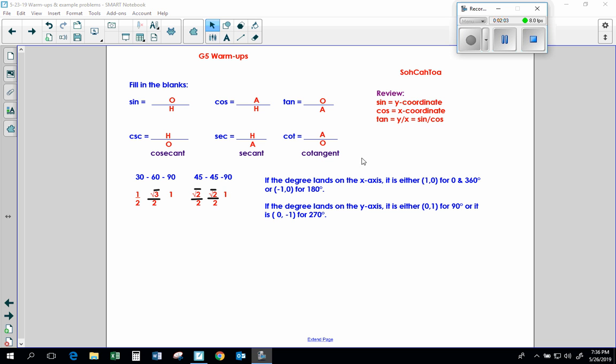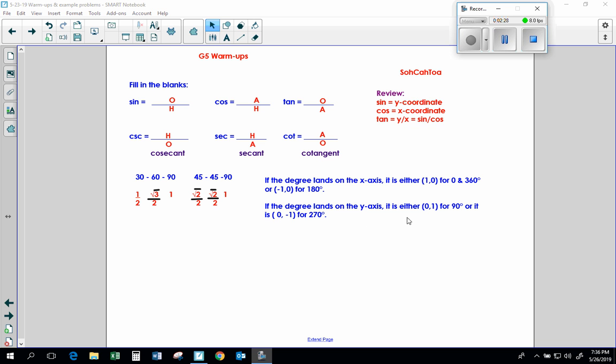Okay. The other thing to remember is that in all of these cases, we're drawing triangles within whichever quadrant, 1, 2, 3, or 4. Now, if it's not within a quadrant itself, and it's on either the x or y axis, we're not going to have these numbers. We're going to either have 1, 0 if it lands on 0 or 360 degrees, or negative 1, 0 if it lands on 180.